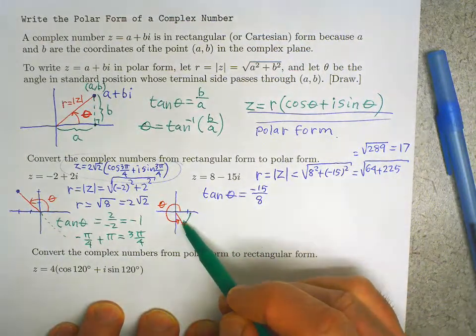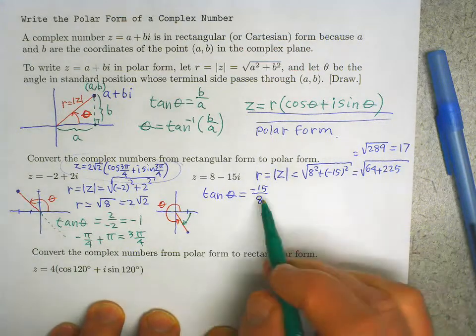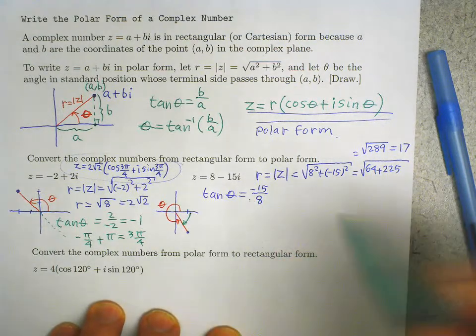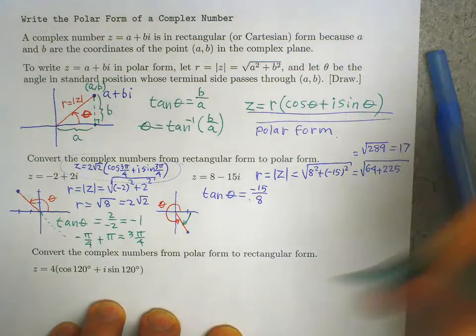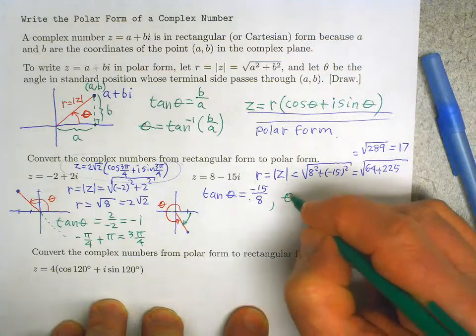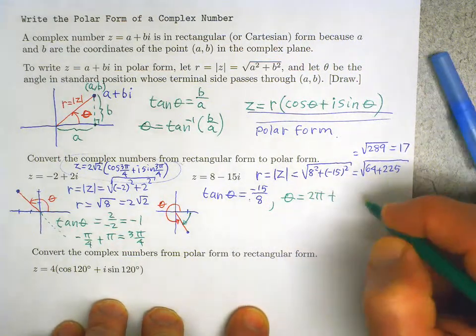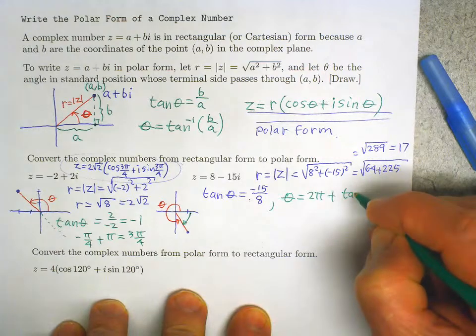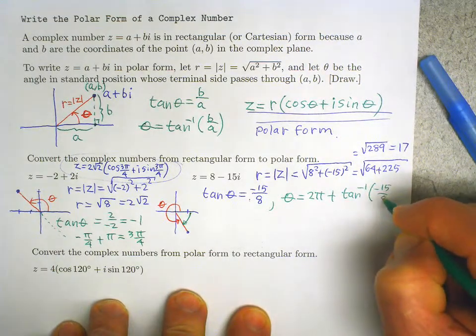So to get the theta that we want, we have to add 2 pi. Theta will be equal to 2 pi plus the inverse tangent of negative 15 over 8.